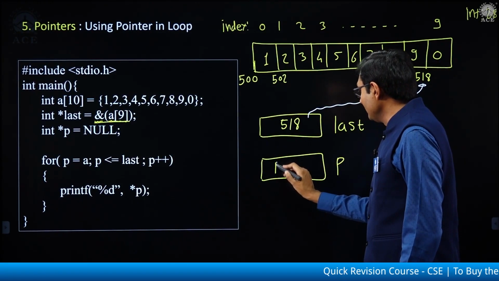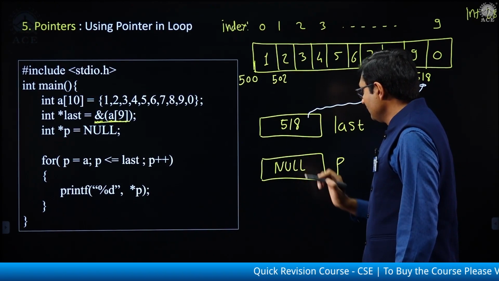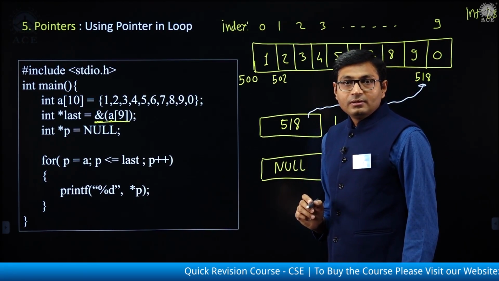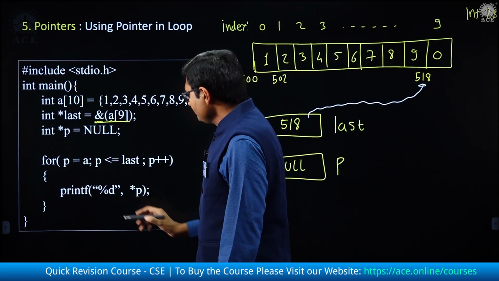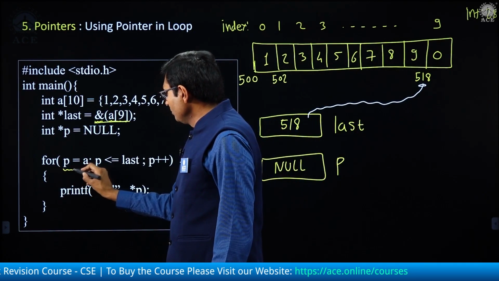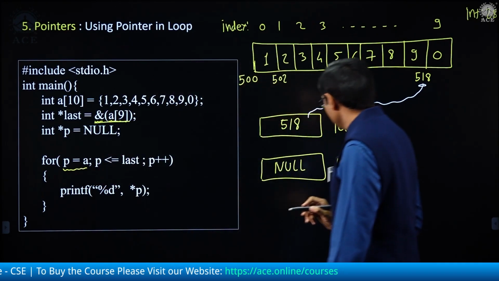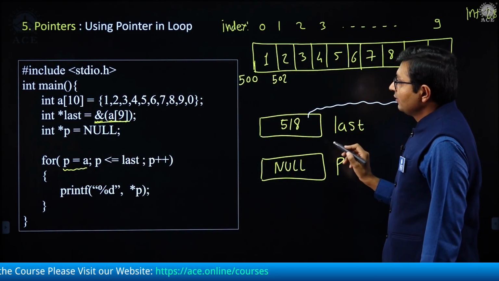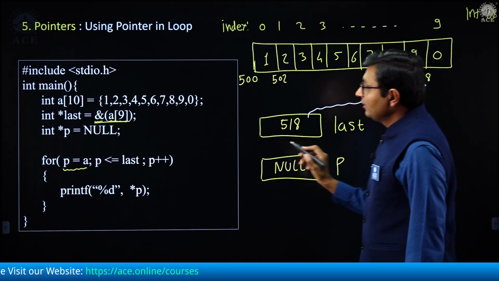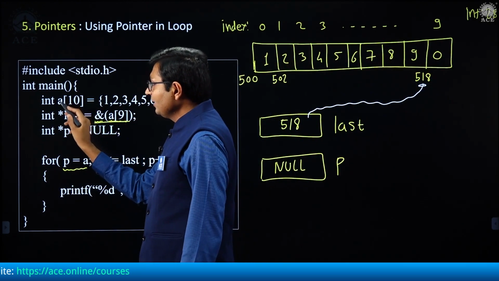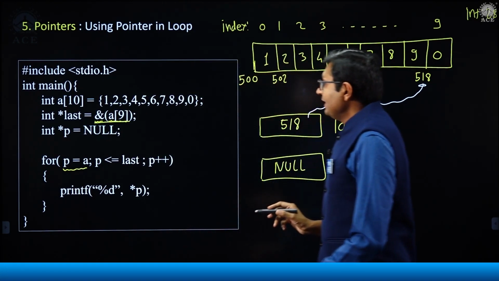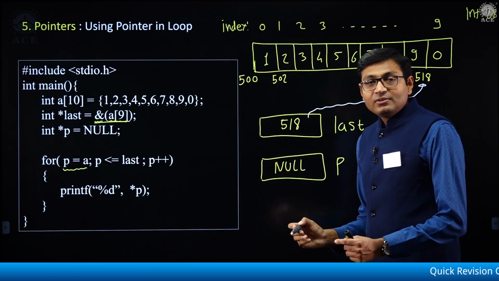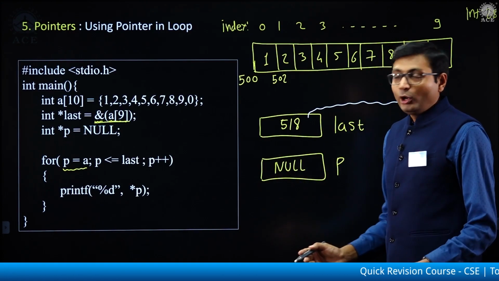So, simply for understanding purpose, I will give it the null value. Now, here is a for loop. P is equal to a. Now, what is the a? You see, a is the name of the array, and we have learned name of the array itself is a constant pointer.